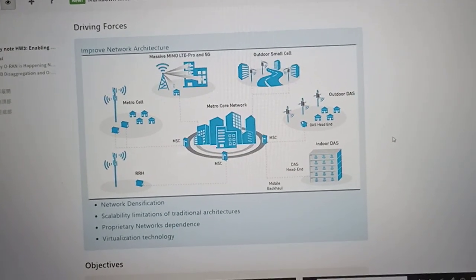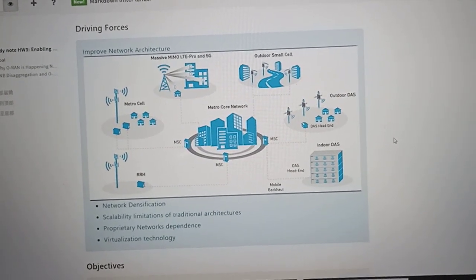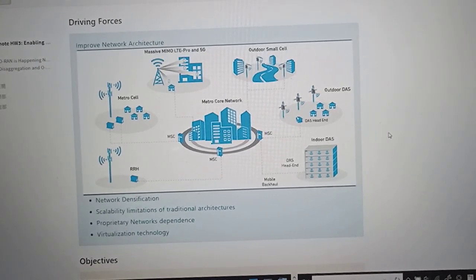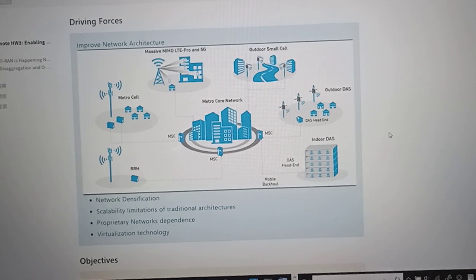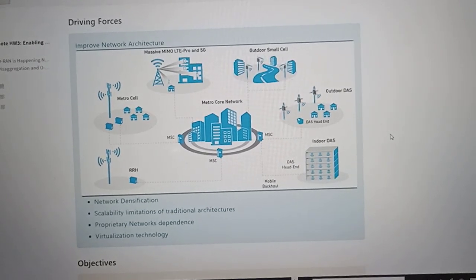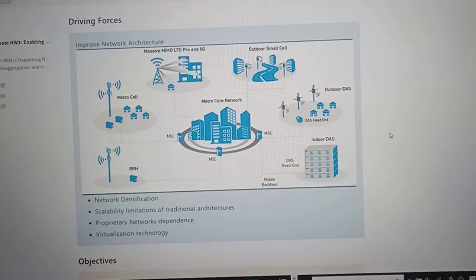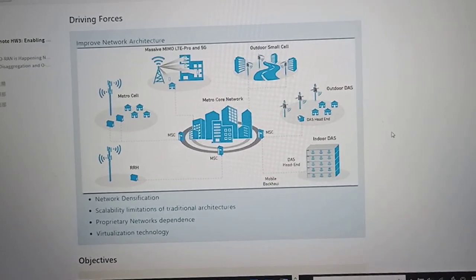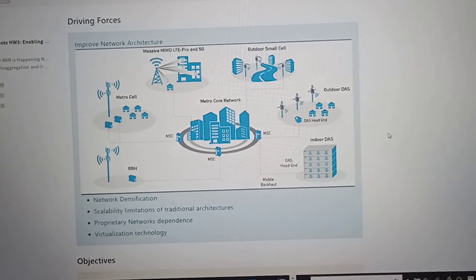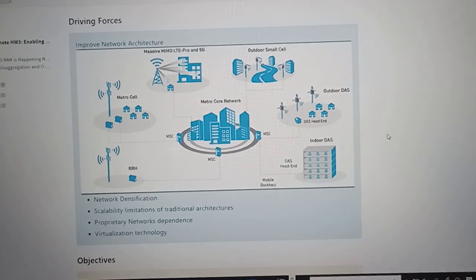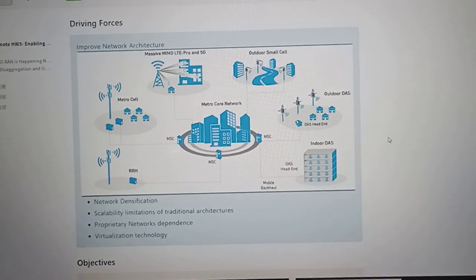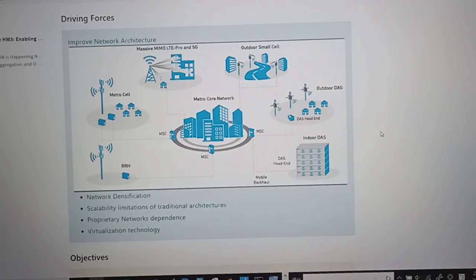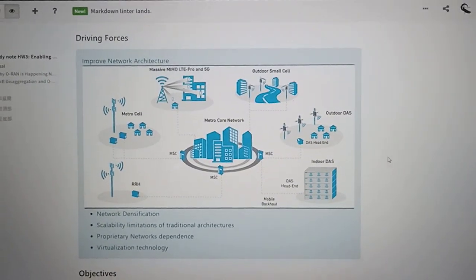The driving force is the network densification, the scalability limitation of traditional architecture and proprietary network dependence, and also the network virtualization requirement.